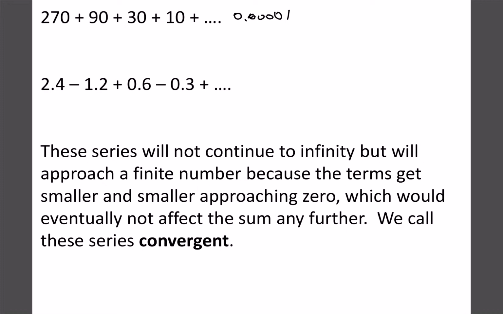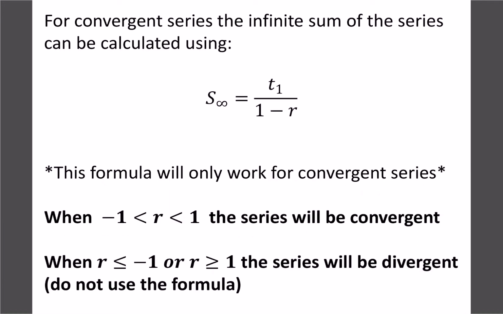If the numbers are getting smaller and smaller, they will actually have some sort of final sum. So for both of these, we would get a final answer. Because they get smaller and those numbers get closer and closer to 0, we call these ones convergent. So convergent is get smaller, and that's the good ones. Divergent, they get bigger, which means they're not going to work.